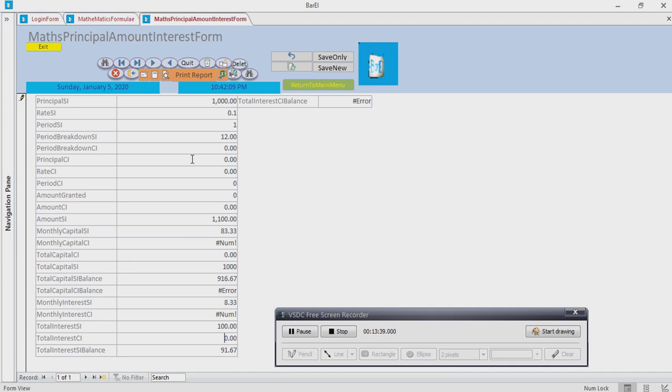If the principal for the compound interest is 2000 and the rate of interest is 0.1, period, let us say 3 years, and the breakdown is here, it means 36.